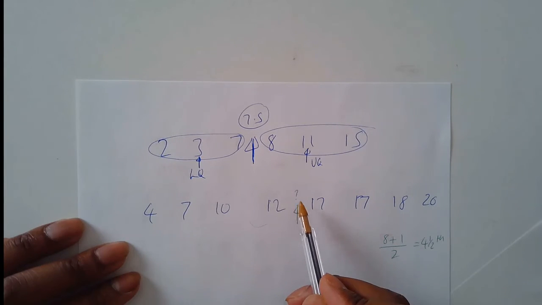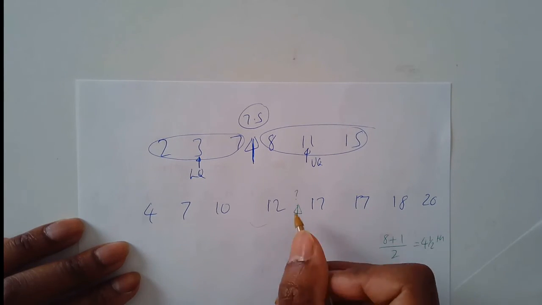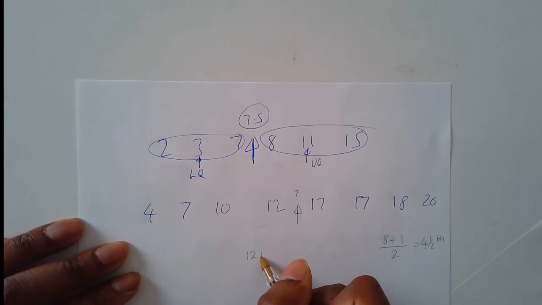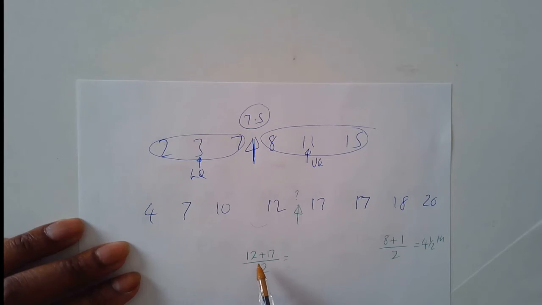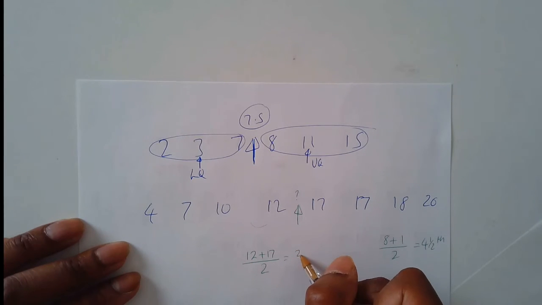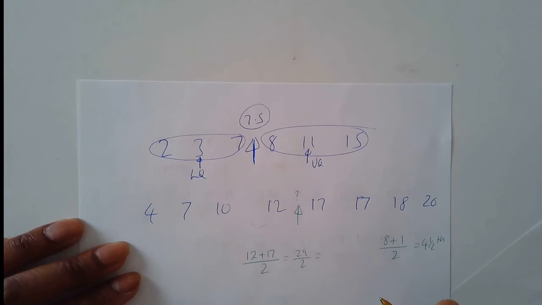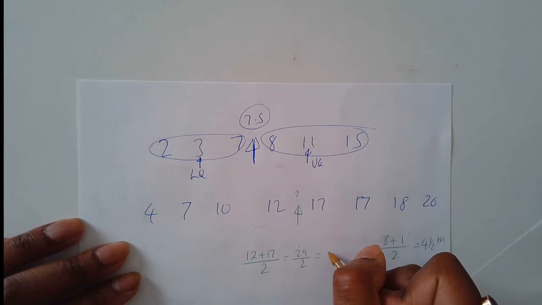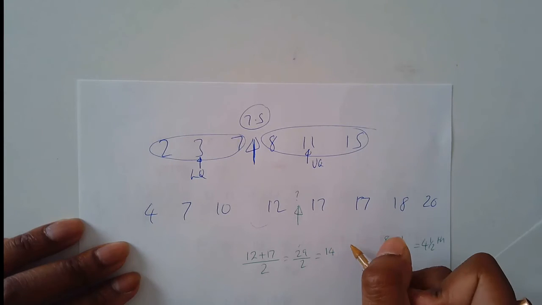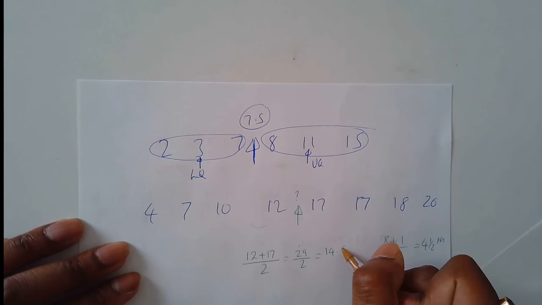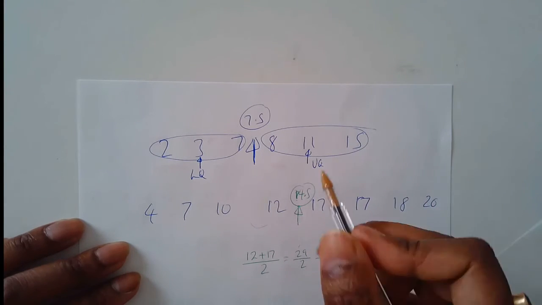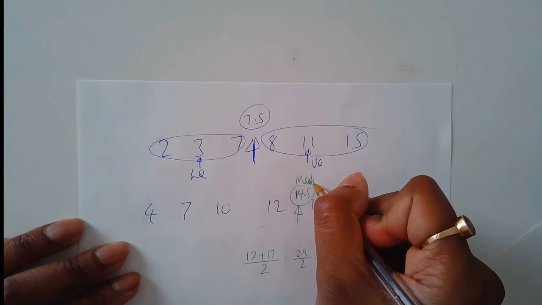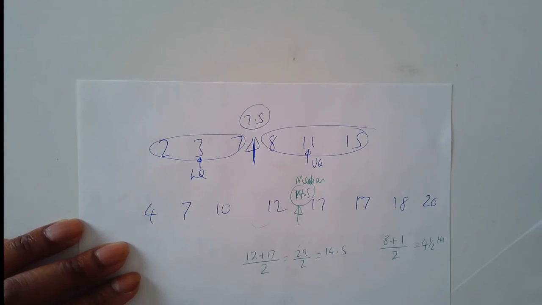To find the number that's between 12 and 17, you do this: 12 add 17 and then divide by 2. That's going to be 29 divided by 2. Half of 29 is going to be 14.5. So that's 14.5. That's the median of this data set.